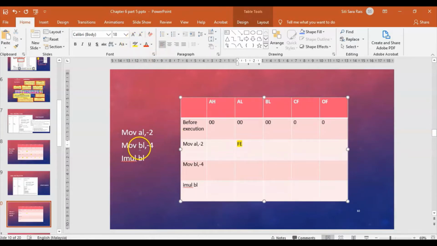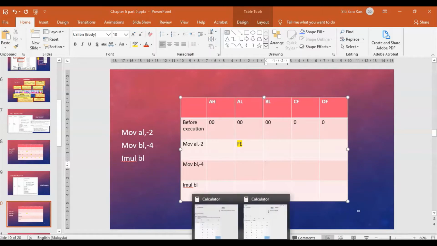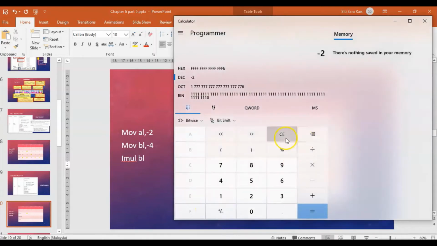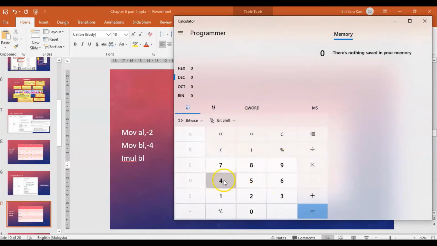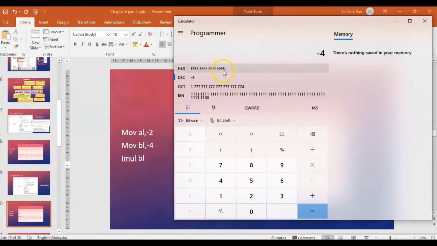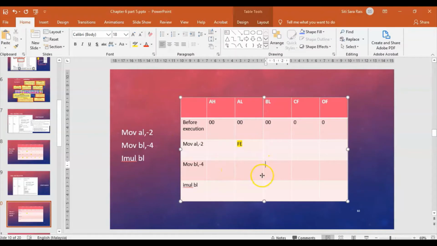Then MOV BL, -4, so BL will have the value -4. -4 is equal to FC.